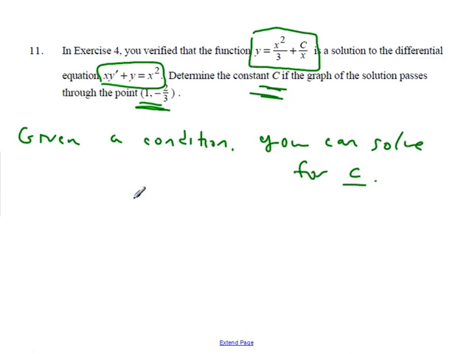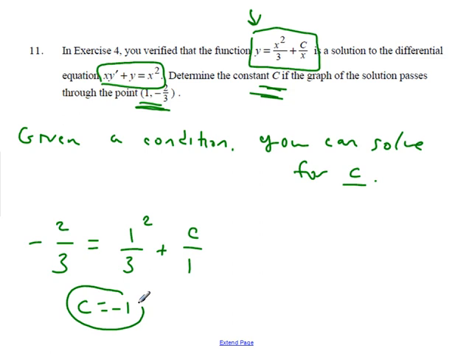Well, it's just as easy as you think it might be. You put the y in for y and the x in for x, and you get negative 2/3. So we're going into this solution. So negative 2/3 equals 1 squared over 3 plus c over 1. And when we solve this, we get that c equals -1. So that is our constant c.